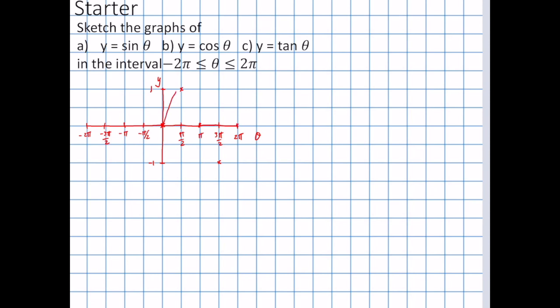So this gives the sine graph looking like that. If we continue that on in the negative x-axis, there we go. Okay, so there's y equals sine theta.